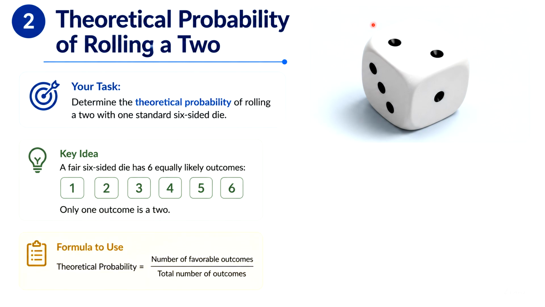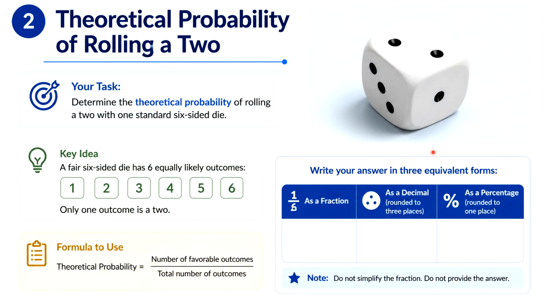Remember that theoretical probability is based on what should happen, using equally likely outcomes, not by rolling the die. So remember the formula: number of favorable outcomes divided by the total number of outcomes.